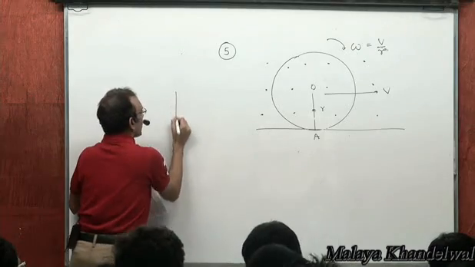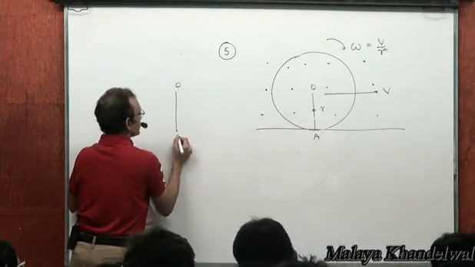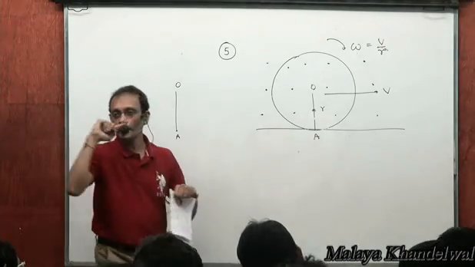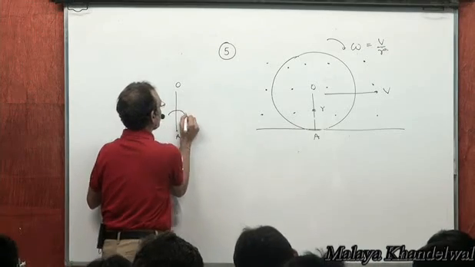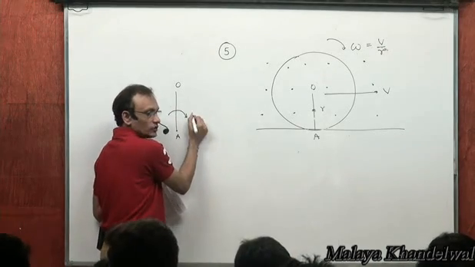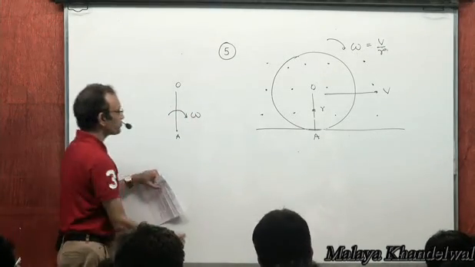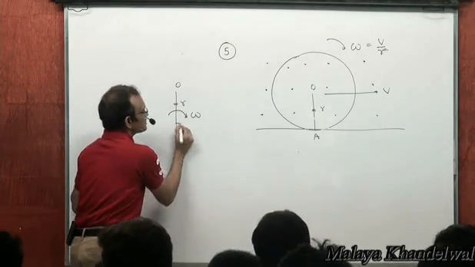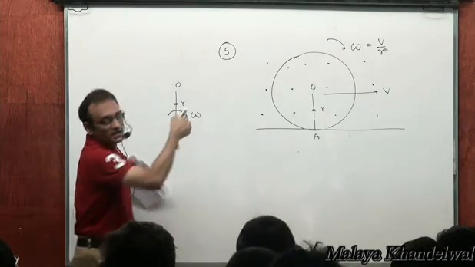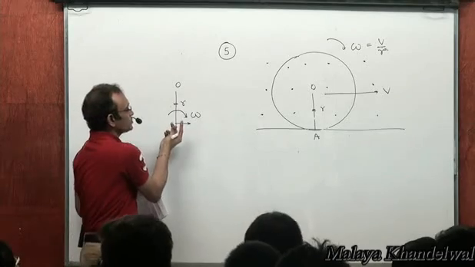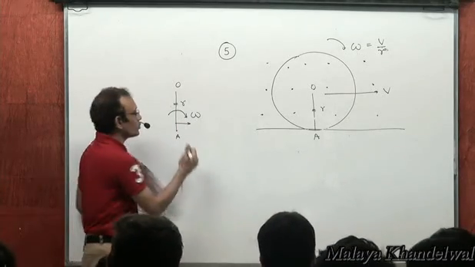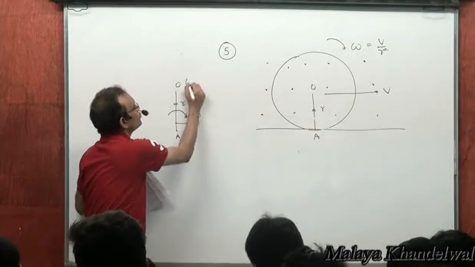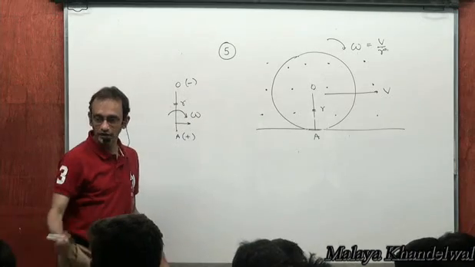Again, I can imagine this OA to be in a state of pure rotation about A with an angular velocity omega, right? If r is the length, then realize that if this is the velocity, v is like this, B is like this, so v cross B would be towards A. So A would be at a higher potential compared to O, right? Isn't it?